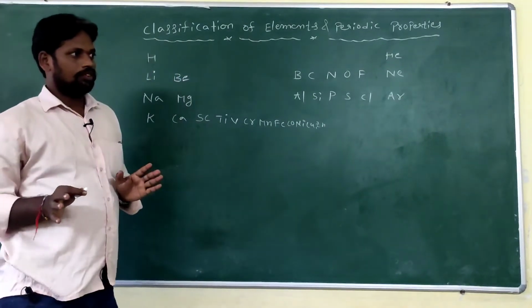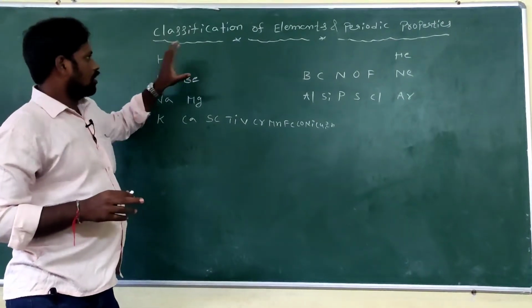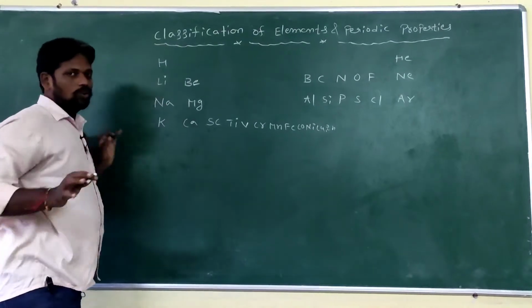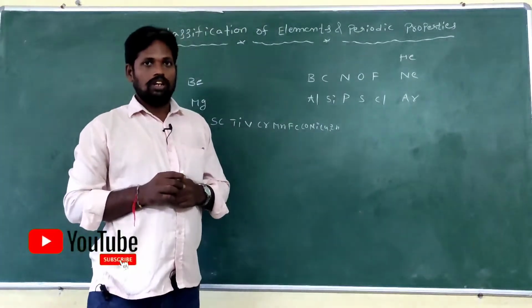Actually, this periodic table is divided into 8 groups.